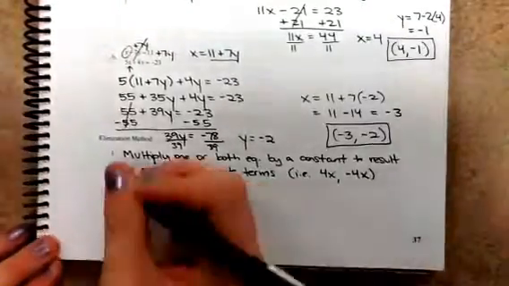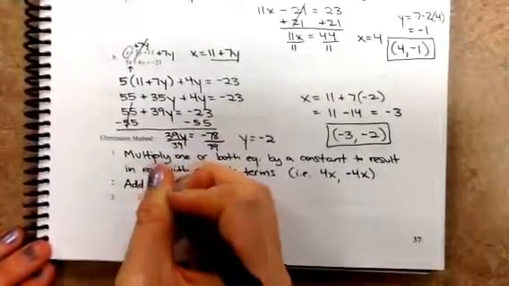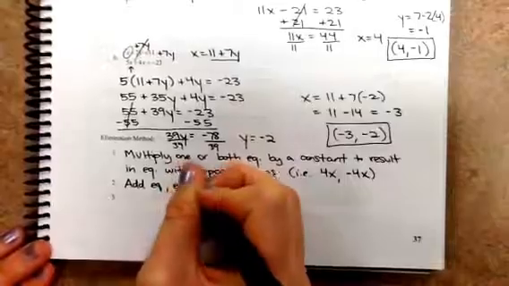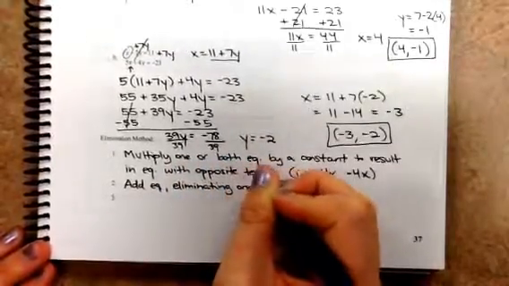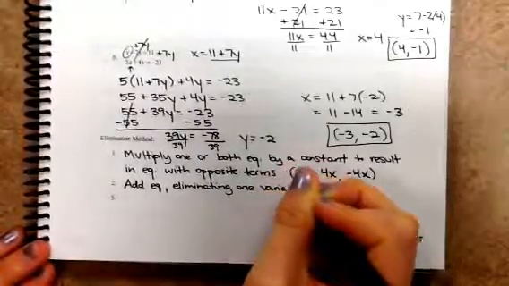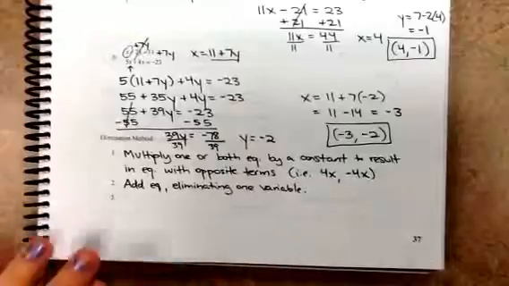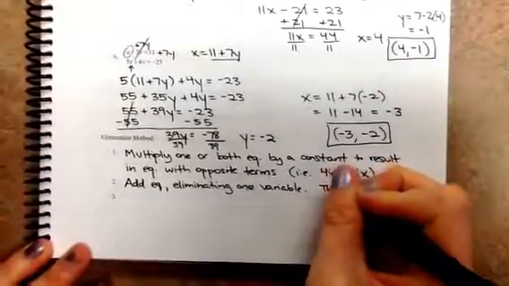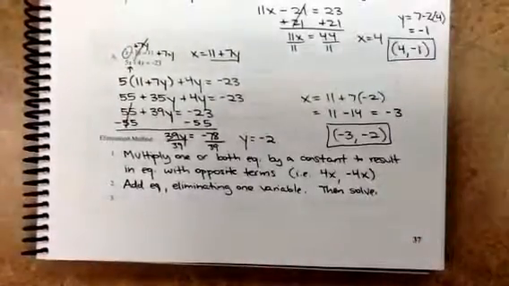Next, add the equations to eliminate one variable. So maybe we eliminate the x's. Once we eliminate the x's, then we can solve for the y's. So then solve the equation that you get.